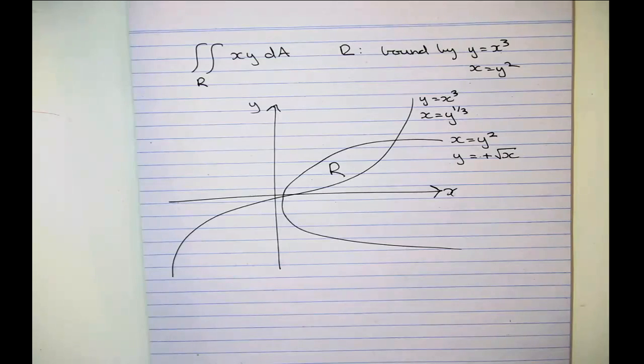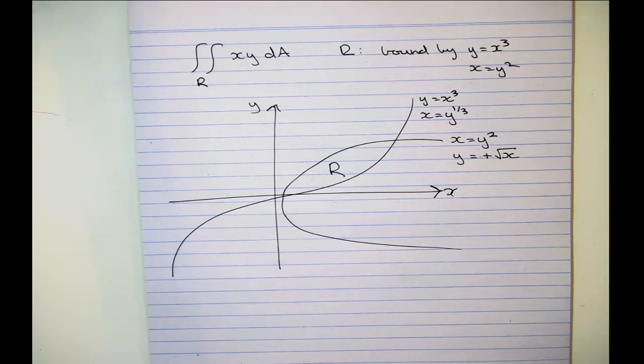The negative root x is that lower bit of that parabola that's on its side. I don't care about that bit, it's not part of the question. So it's got to be unique. The region you're integrating over, the functions will have unique inverses. The y equals minus root x is that lower bit.